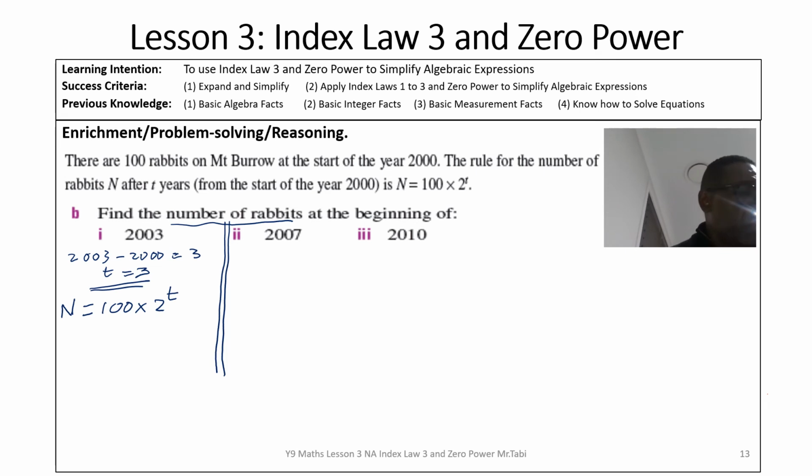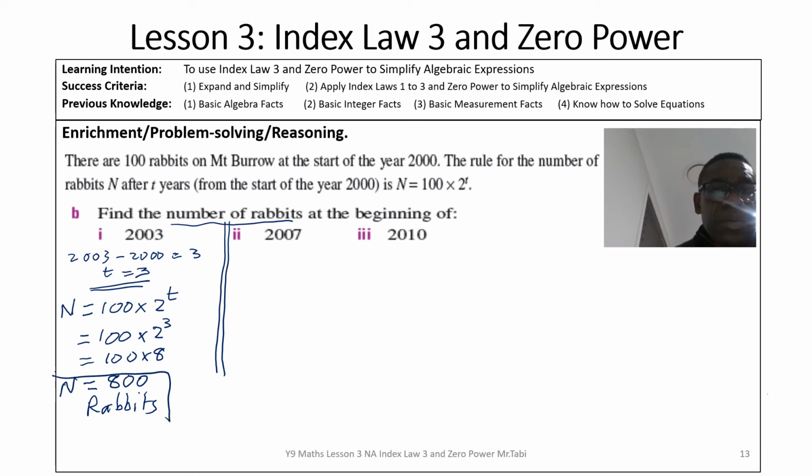You need to write that. So what you have is simply 100 multiplied by 2 to the power of 3, 100 times 8. So n will be equal to 800 rabbits.